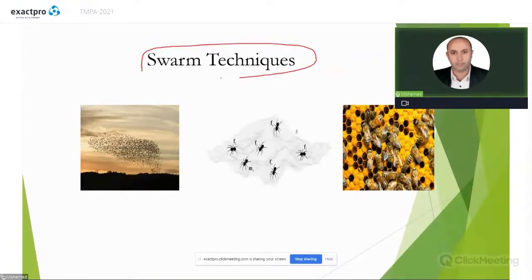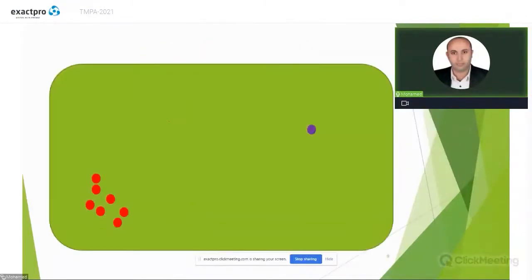Swarm techniques aim to emulate the behavior of birds, animals, bees, or something like that. In nature, animals live in a population or swarm and try to catch prey.